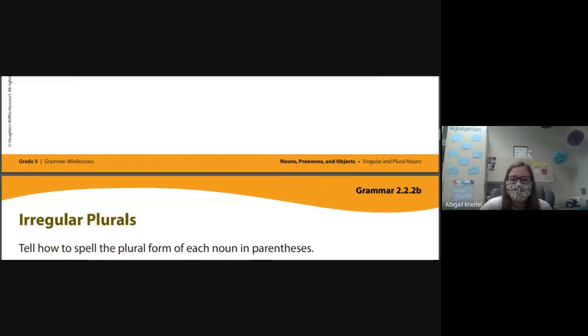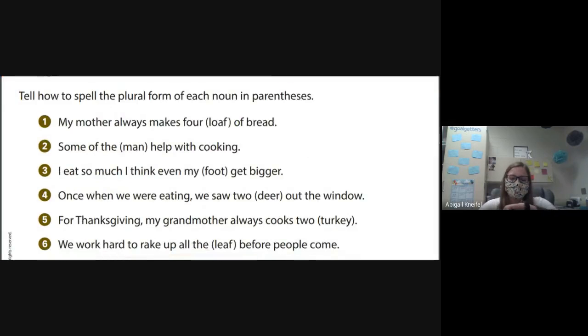So here are some examples. My mother always makes 4 loaves of bread. How would I make loaf plural? It ends in an F. So how do I make loaf plural? Evan, spell it for me. Okay, spell the whole thing for me.